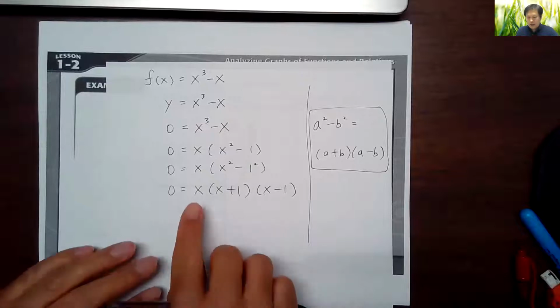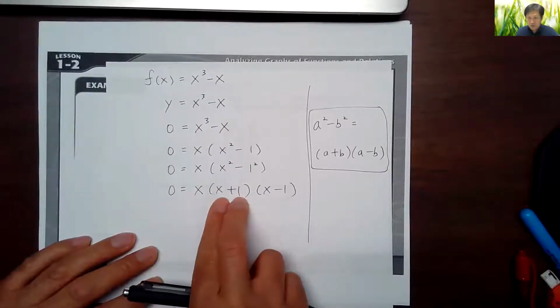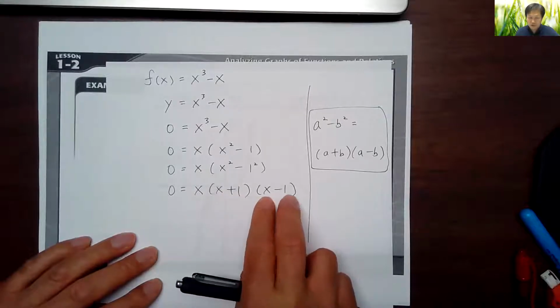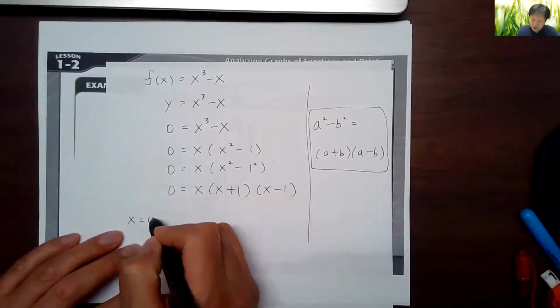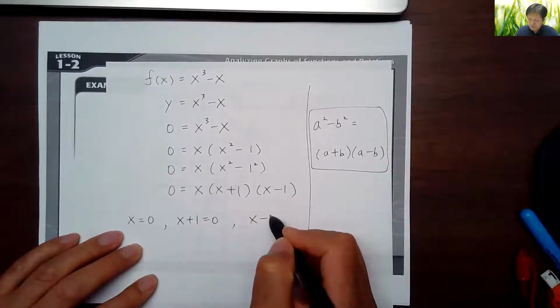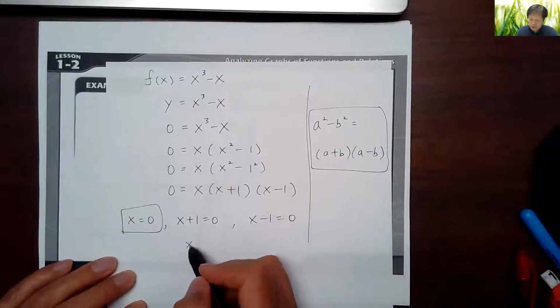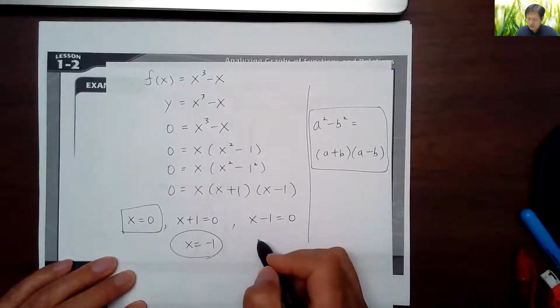After that, this times this times this equals 0, which means this is 0, or this parenthesis equals 0, or this parenthesis equals 0. So you let each factor equal 0 and solve for x. Here's 0, minus 1, plus 1.